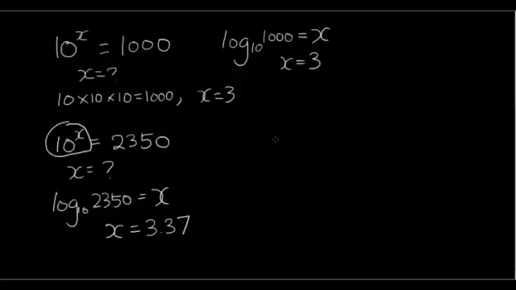But how will we do something like this one, where we have 3 to the power of x equals 950? How do we know what x is? Because we don't have log base 3 on the calculator.